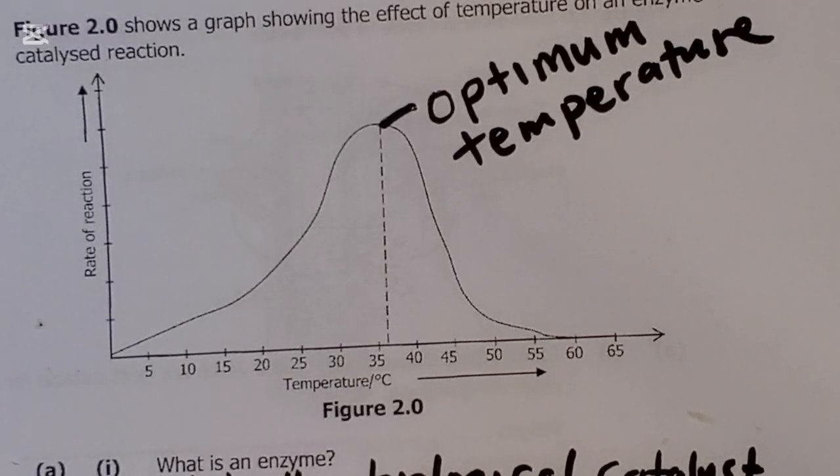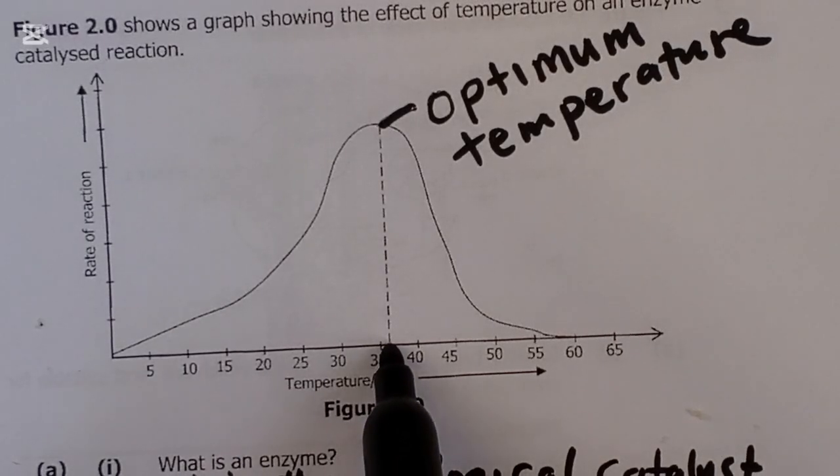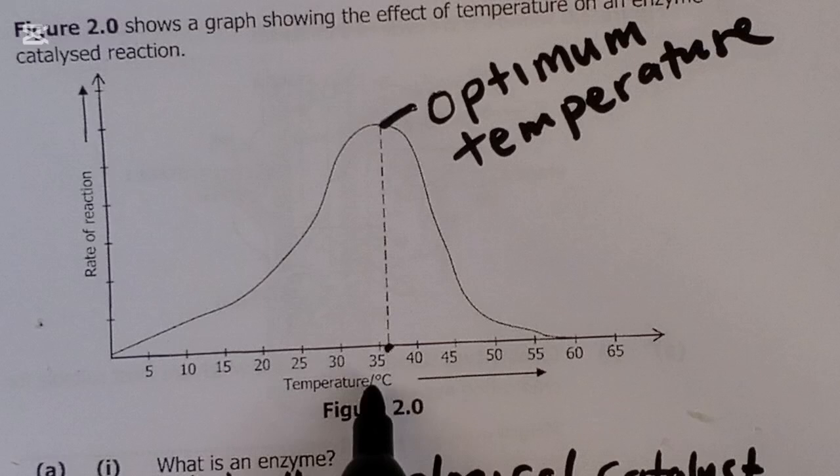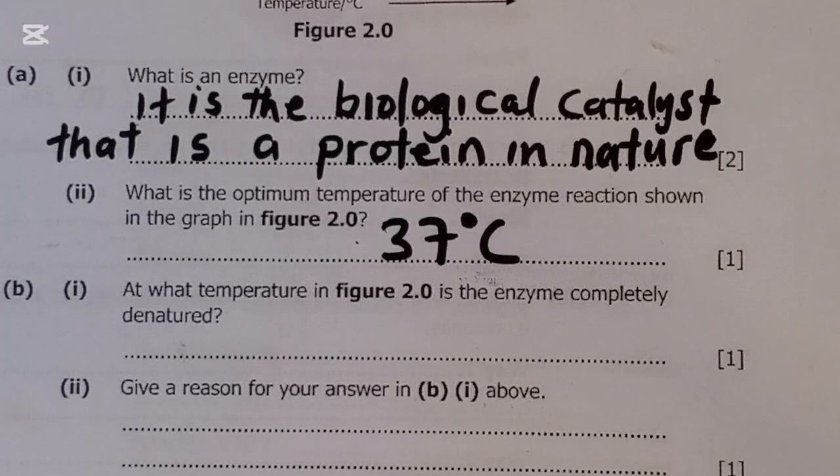So the optimum temperature here is just after 35. So there the optimum temperature is 37 degrees.